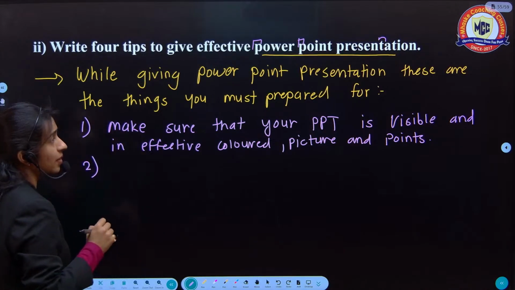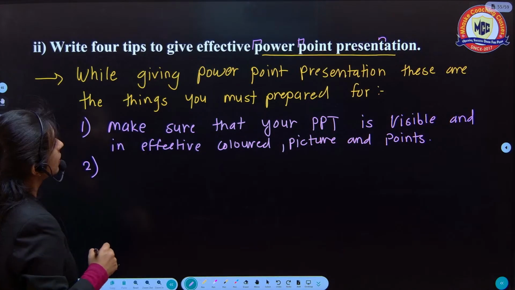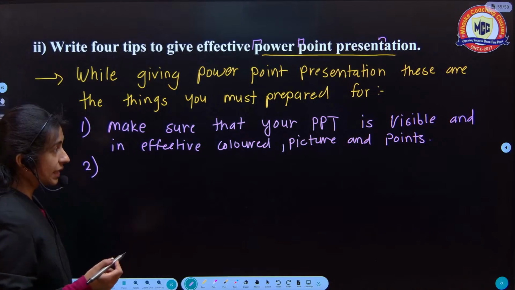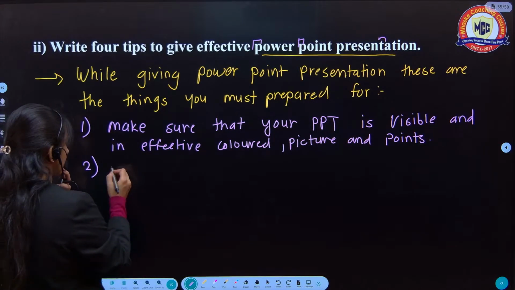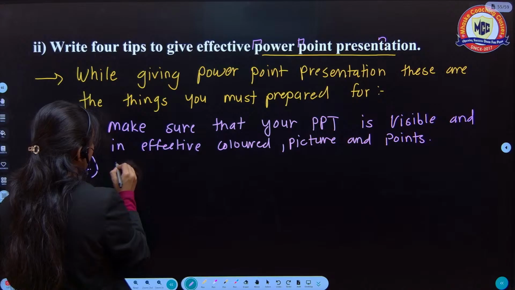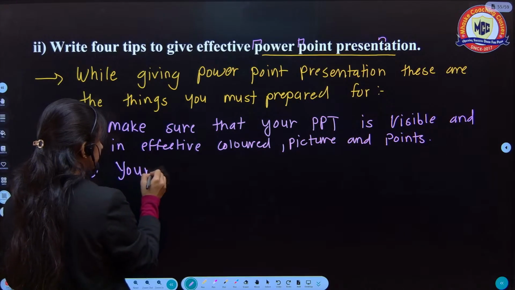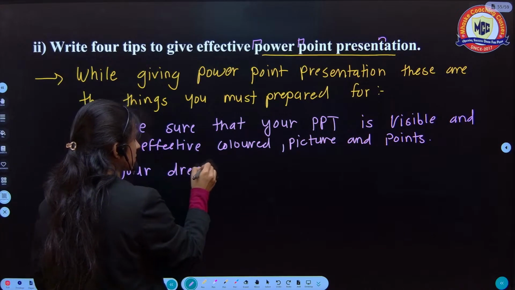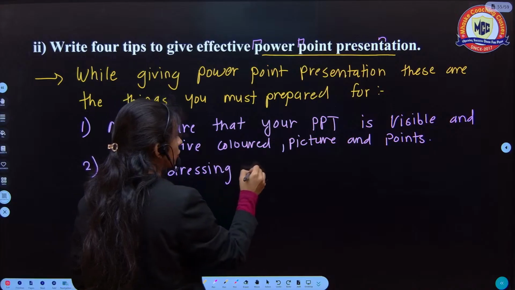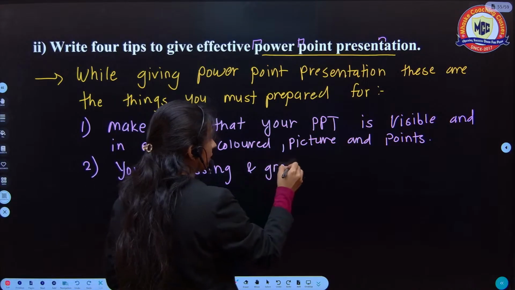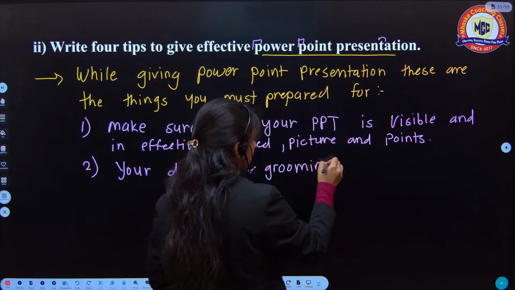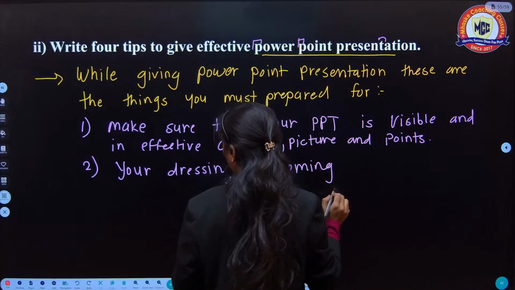Next, it's about the PPT. Now, what about the presentation? So, your dressing and grooming needs to be proper when you are giving a presentation. Okay.